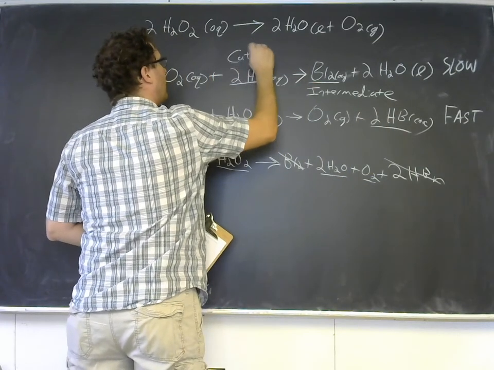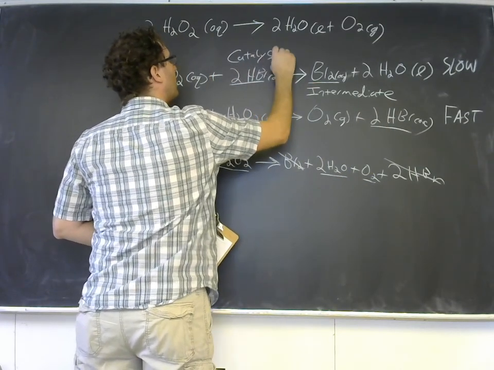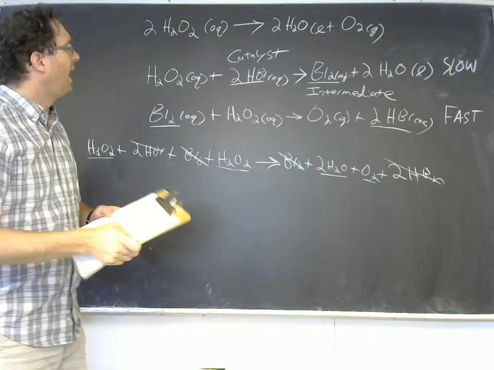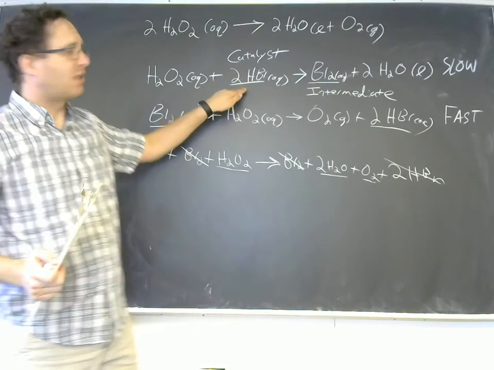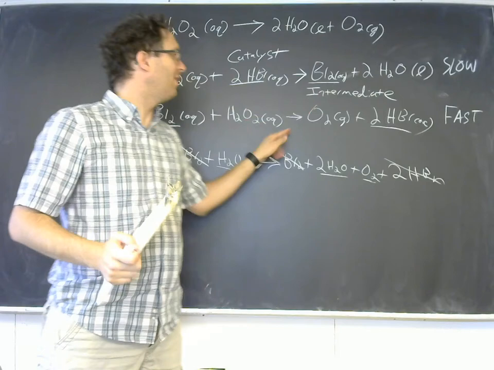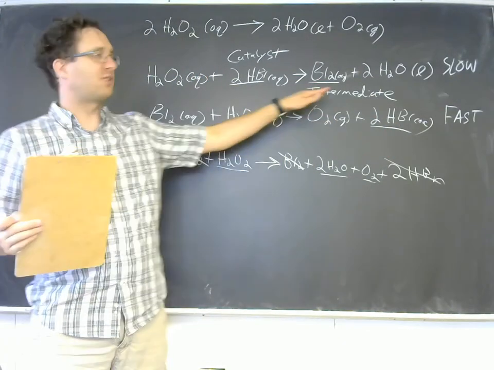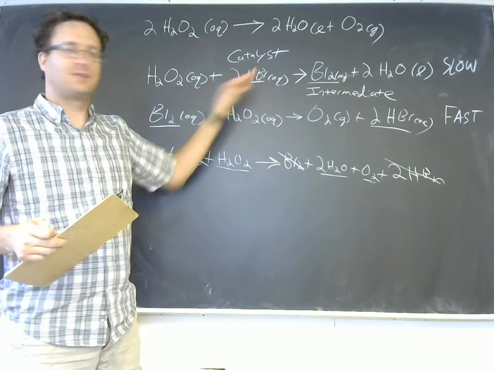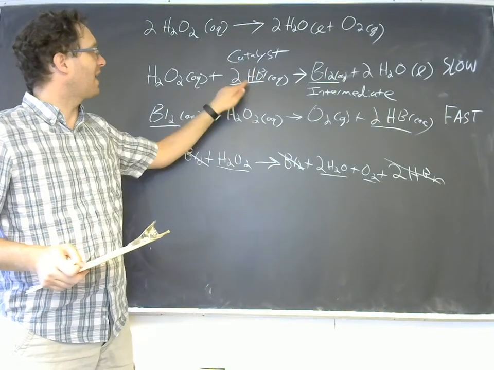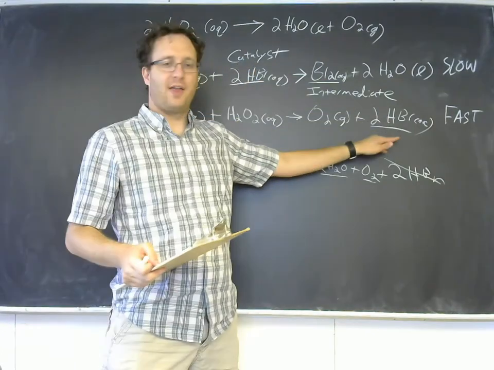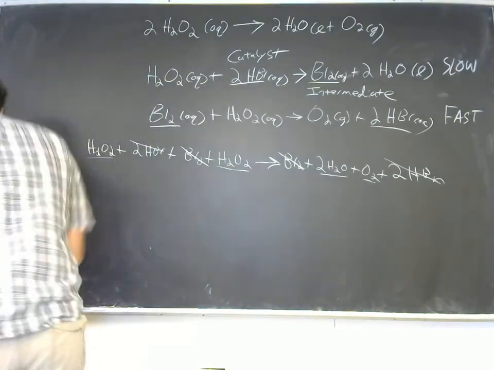HBr is a catalyst. And HBr is first consumed and then regenerated. And that's really the difference between an intermediate and a catalyst. The catalyst is first consumed and then regenerated.